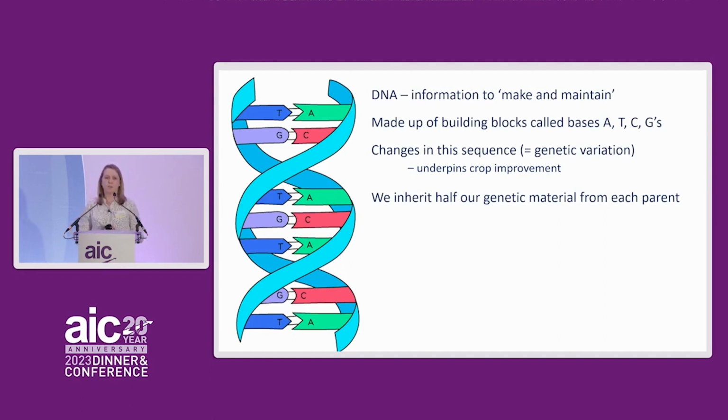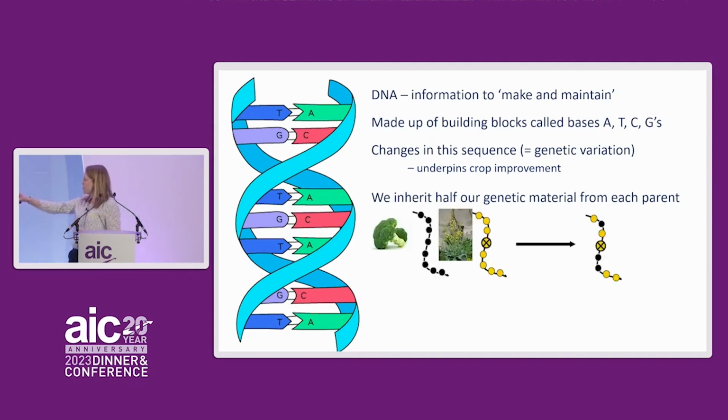The other concept is that we inherit half of our genetic information from each parent. If we take these two different crops here, they're both the same species: broccoli, and next to it wild Brassica oleracea. That's what our broccoli would look like if plant breeders had never got to it. But if we go back to these older populations, we've got this huge array of genetic variation and genetic diversity.